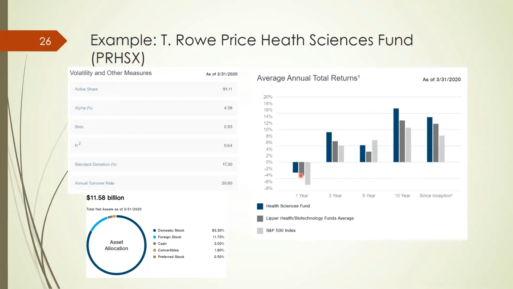And its performance in the last year outperformed the benchmark, and in the last 3 years and last 10 years, it also outperformed the benchmark. So that's why it's a good portfolio to consider for health sciences.